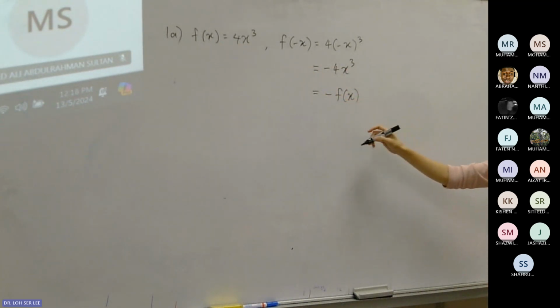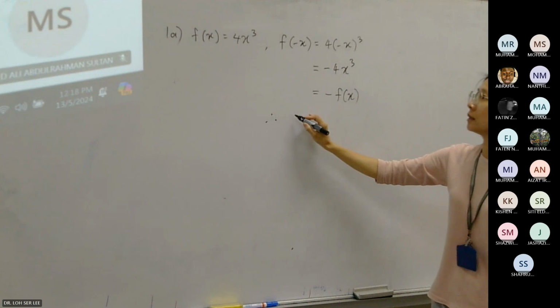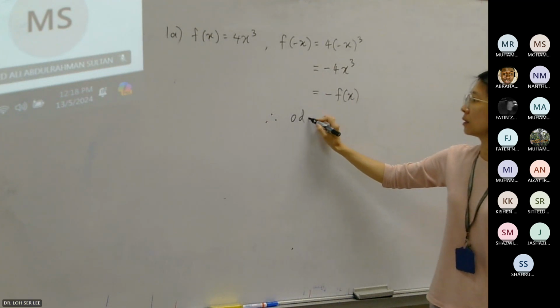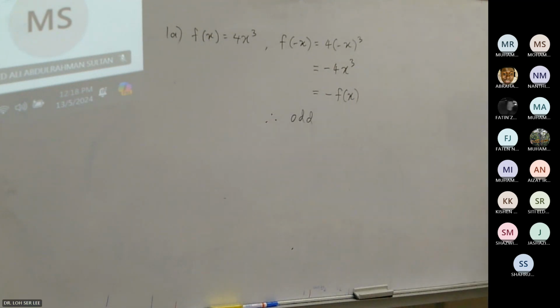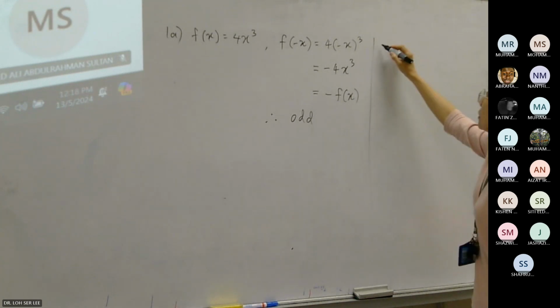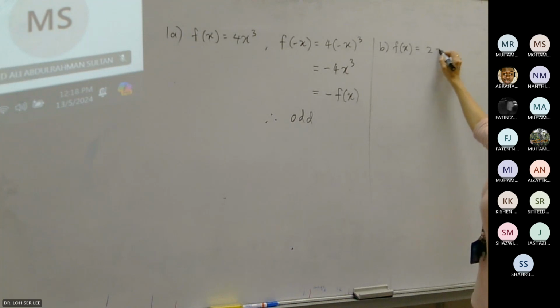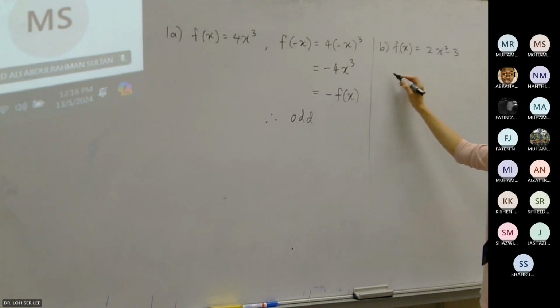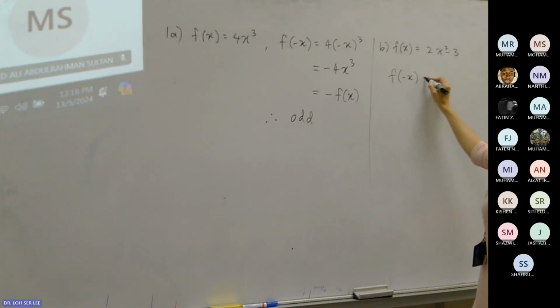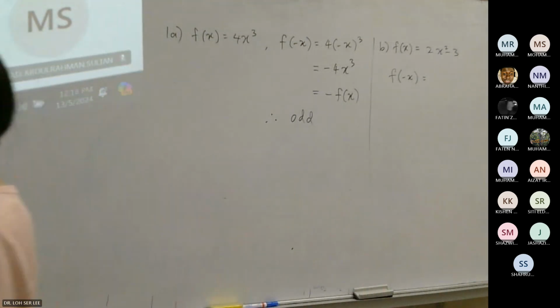So when you get negative fx, that means this function is odd. Now check for B.